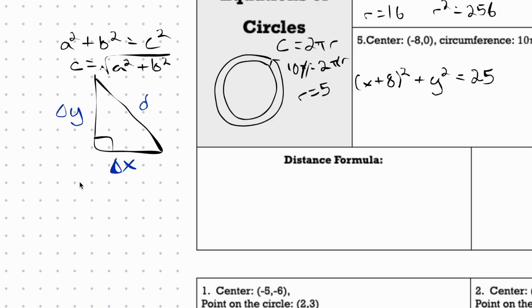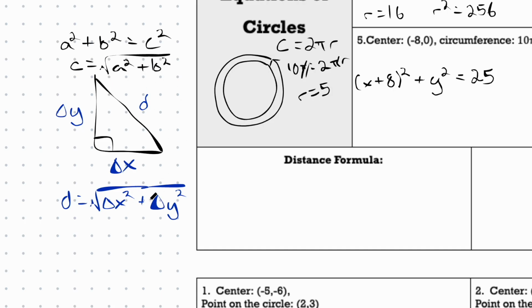And so essentially what we can write is D equals the square root of the change in X squared plus the change in Y squared, just by substituting this here.